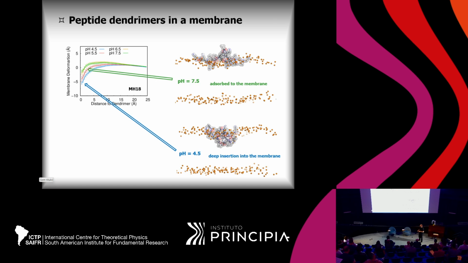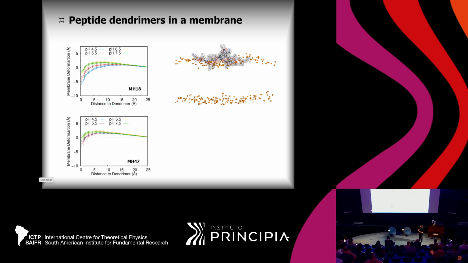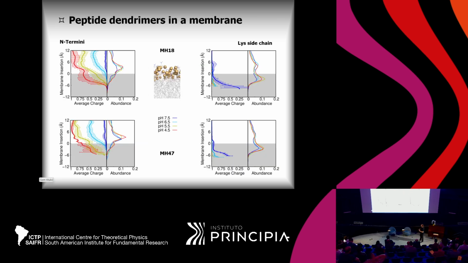And the funny part is that those 4 lysines were enough for the second dendrimer not to do the same. Even at pH 4, it doesn't change the membrane as much. We could see this in most of the replicates. On average, we really see a clear difference. So those 4 lysines were enough to make the difference.